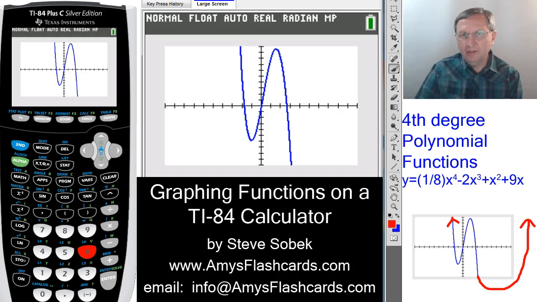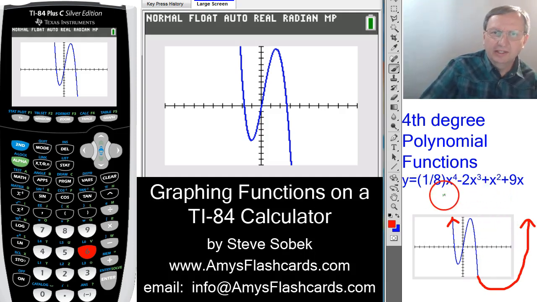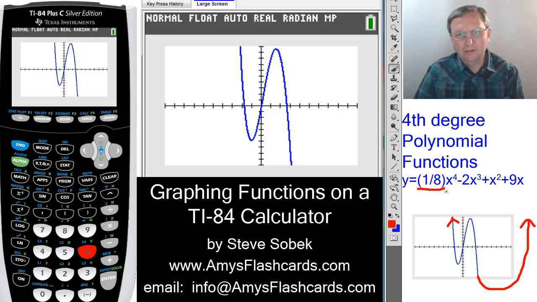All right, from what we know about quartic functions, which of the 2 situations is appropriate for this function? Well, again, we ascertain that from looking at the coefficient of the term of the highest degree. 1/8 is positive.